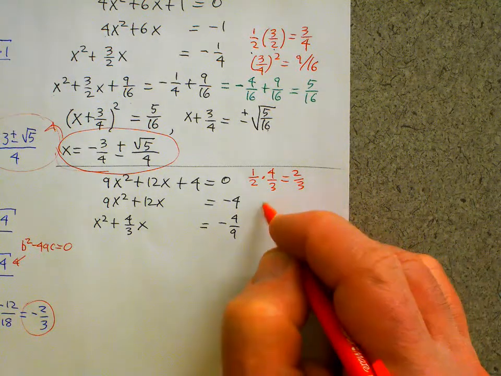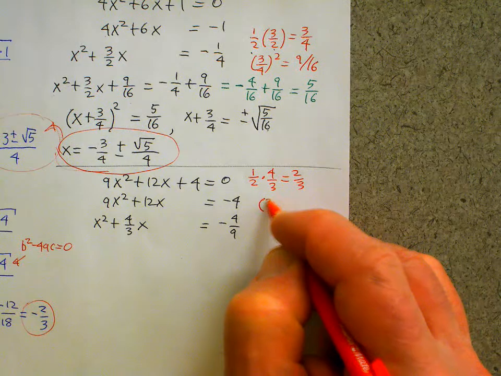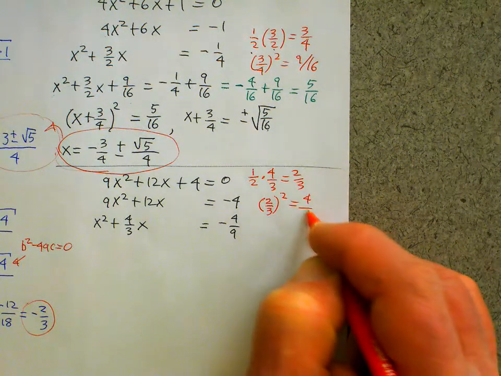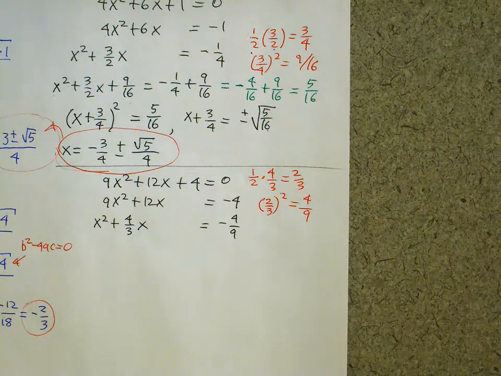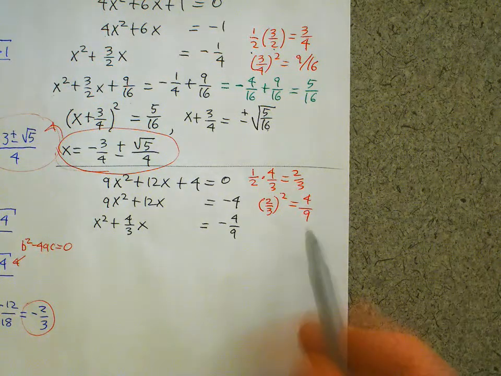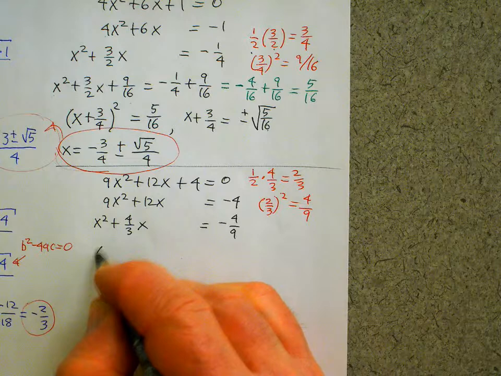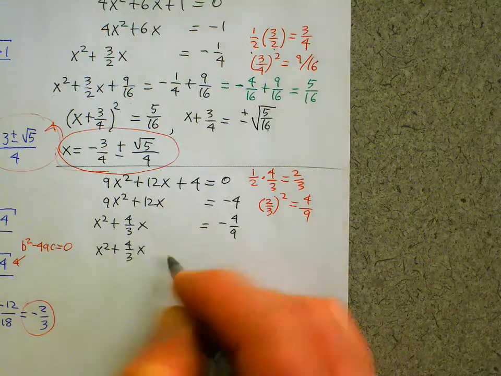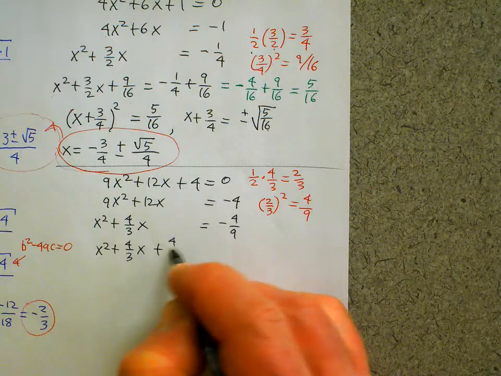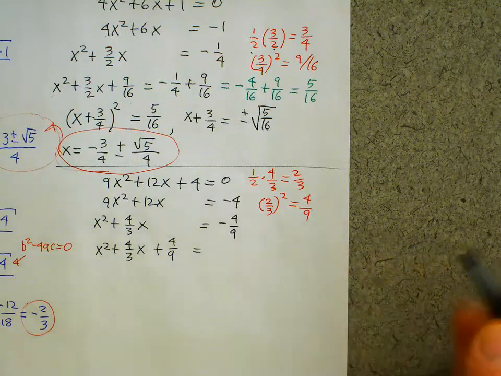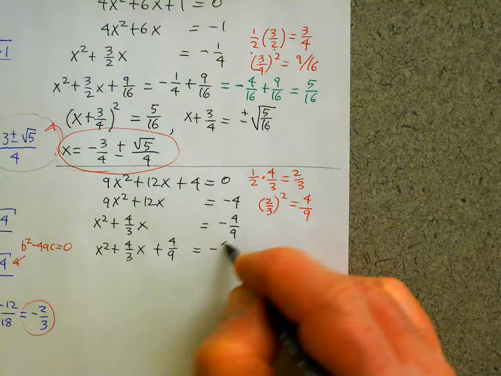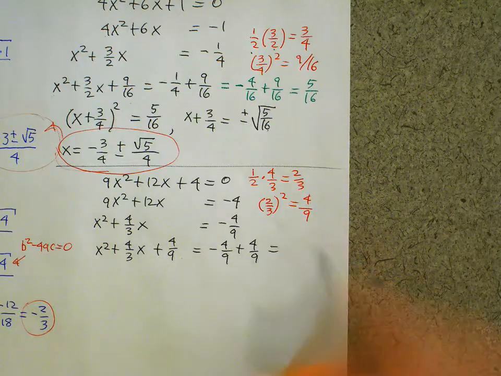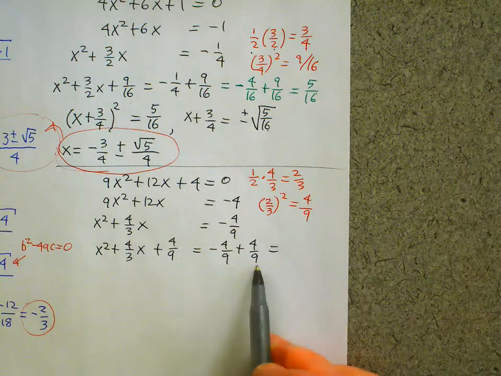And then we square that number. 2/3 squared is 4/9. So we add 4/9 to both sides. We get x squared plus 4/3 x plus 4/9 equals negative 4/9 plus 4/9. But negative 4/9 plus 4/9 is 0.